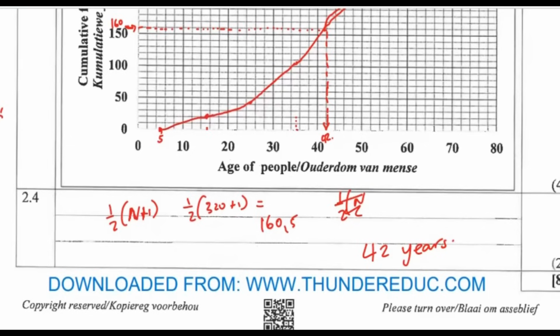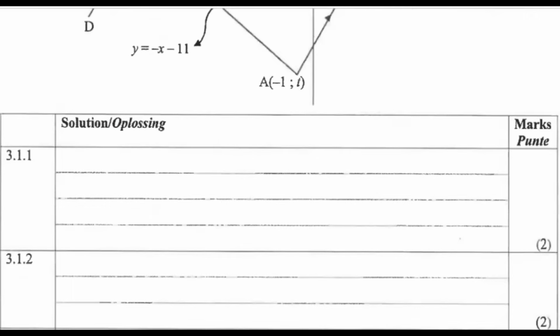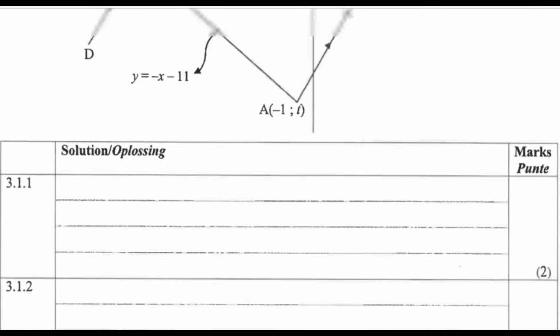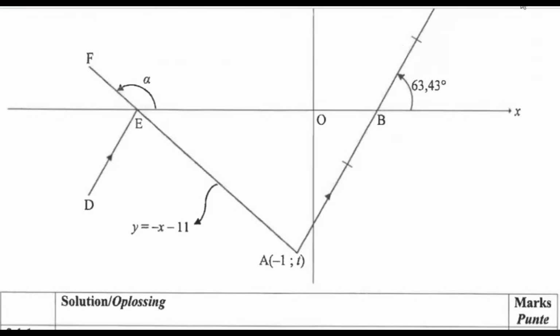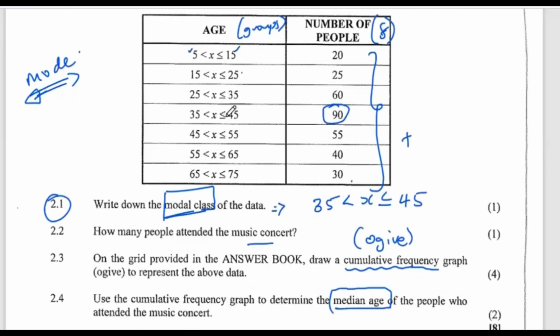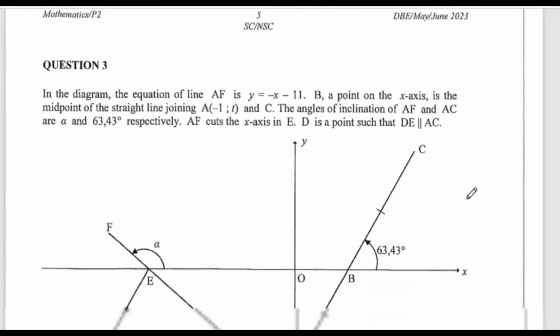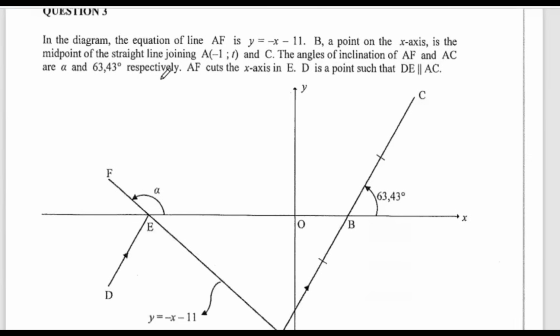Then question number 3. Let's make this a little bit smaller. So with question number 3, we're being told that in the diagram, the equation of AF is y is equal to negative x minus 11.